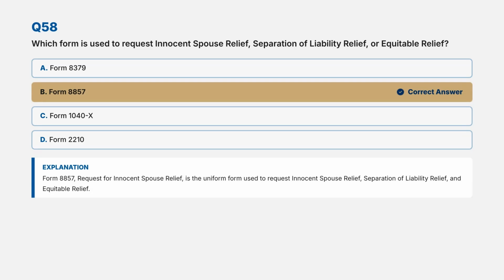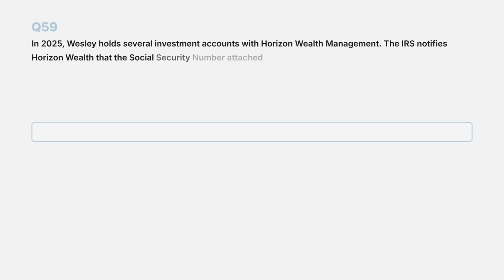The correct answer is B. Form 8857. Form 8857, Request for Innocent Spouse Relief, is the uniform form used to request innocent spouse relief, separation of liability relief, and equitable relief. Great. Let's continue to question 59.